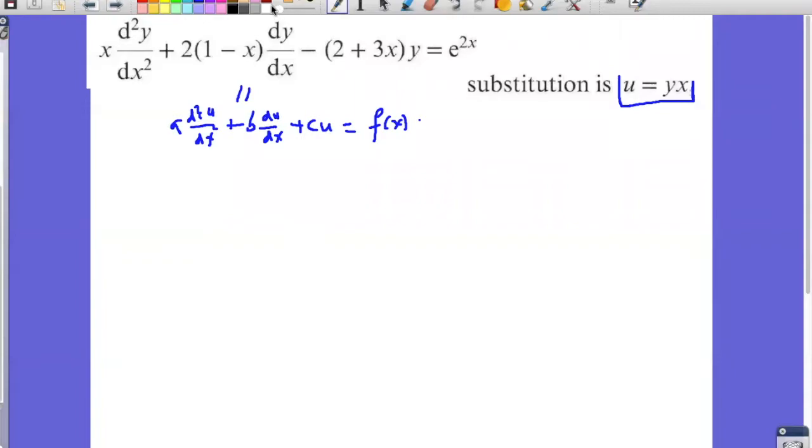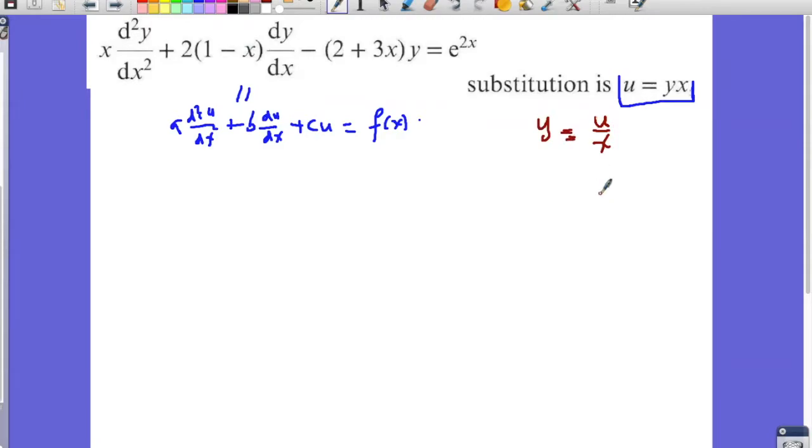Before I move into that, I have to tell you something. Even if this equation was given as y equal u over x, you should never try to differentiate it as a chain or as a quotient. Never put it in this form before you differentiate.